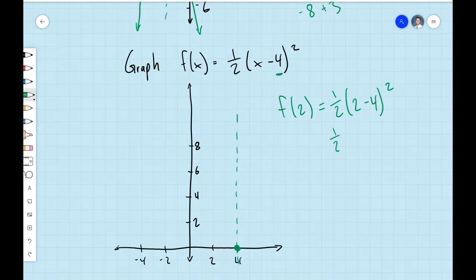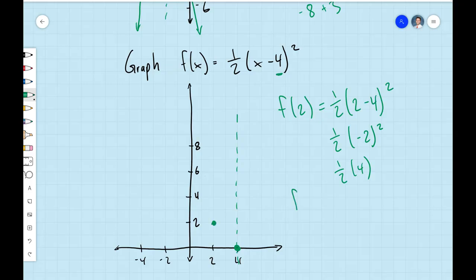We know that 2 minus 4 is negative 2. Negative 2 squared is 4. So 1/2 of 4. So when x is 2, f of 2 is 2. So we can plot that point here.